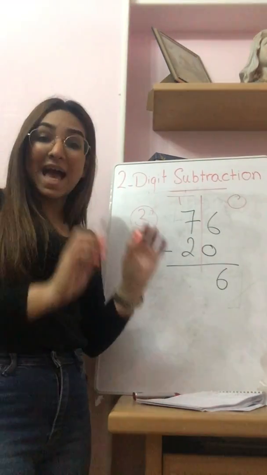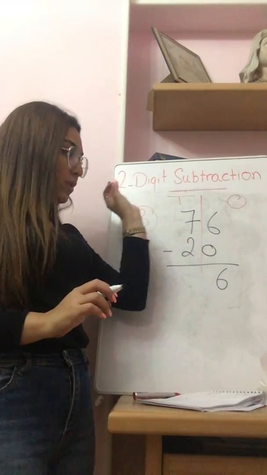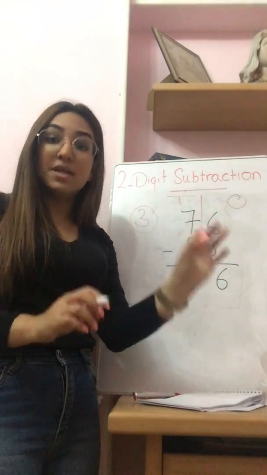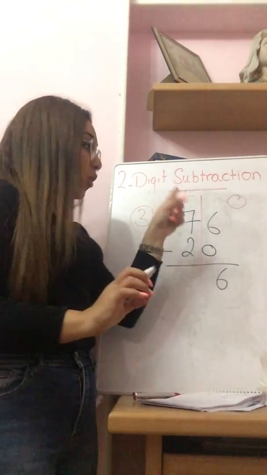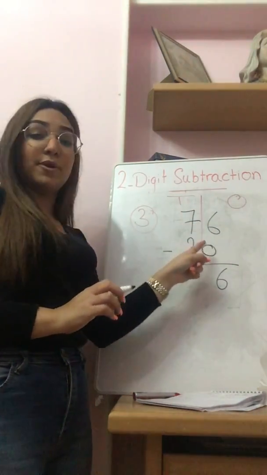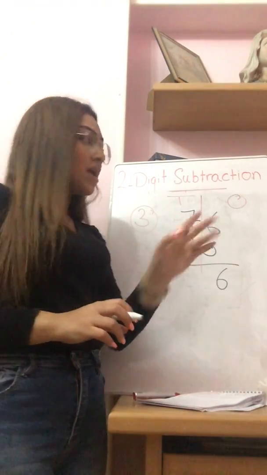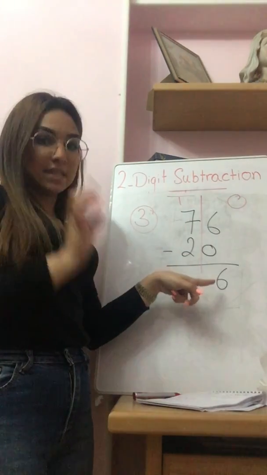It's the same as adding. Also in adding, I mentioned that when we add any number to 0, it's going to stay the same. In subtraction, it's the same. When we subtract 0 from any number, it's not going to change. So 6 minus 0 is 6.